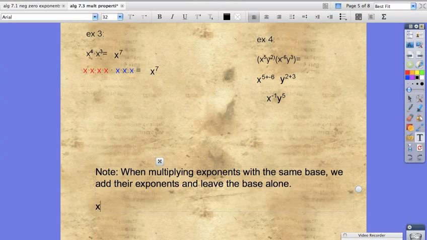So a lot of times in the book you'll see x to the a power times x to the b is equal to x to the a plus b. So notice we're just taking the two x's, we're adding their exponents, and we're leaving the base alone.